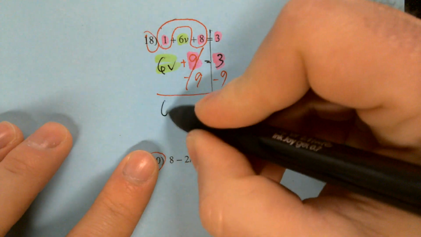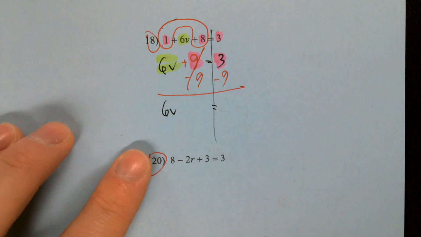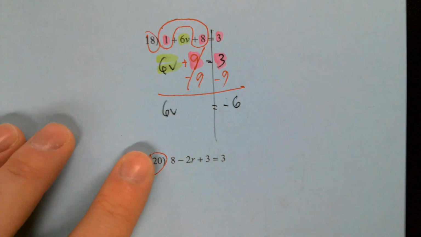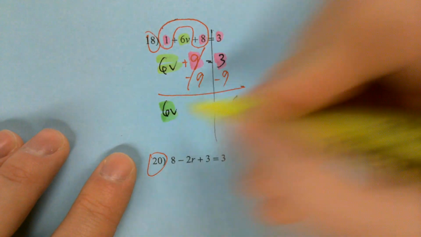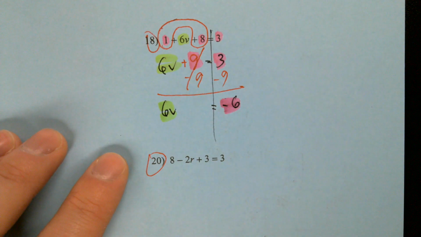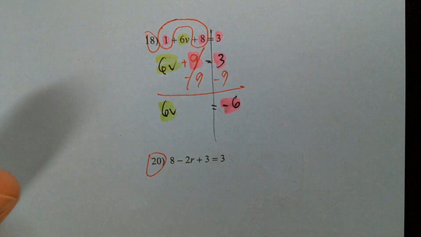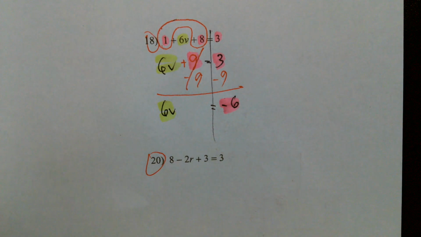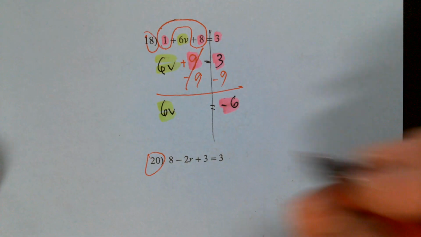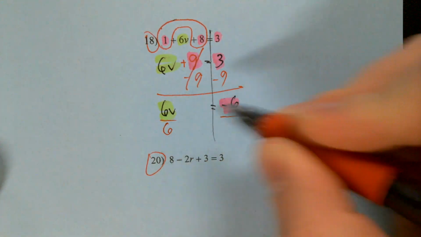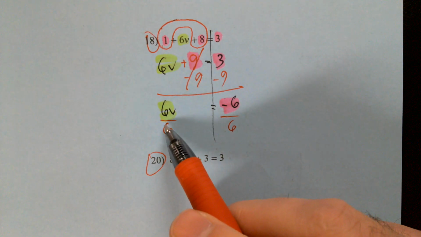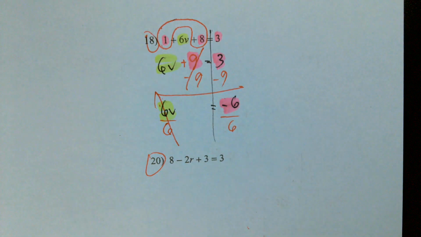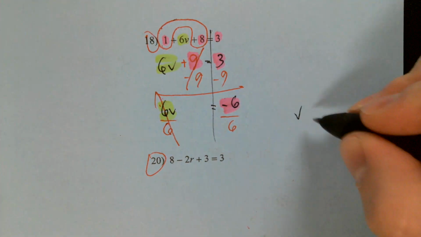Those 9s cancel out. 3 minus 9 gives me -6. Again, I'm right where we want to be. One yellow term on the left, one pink term on the right. What's the last thing I want to do? Divide by what? 6. The reason why we divide by 6 is so these two numbers can cancel. 6 over 6 is just 1.